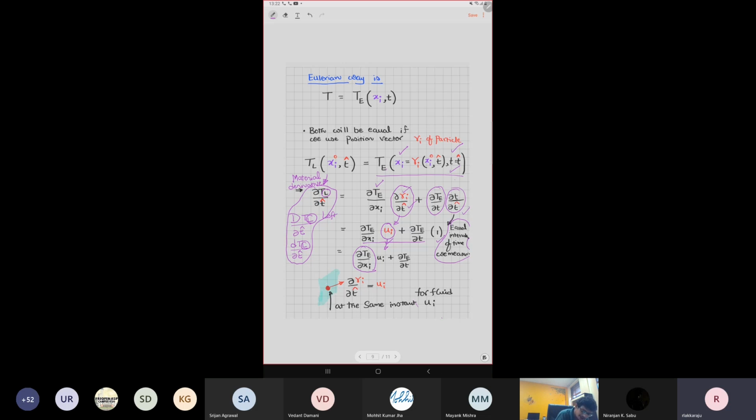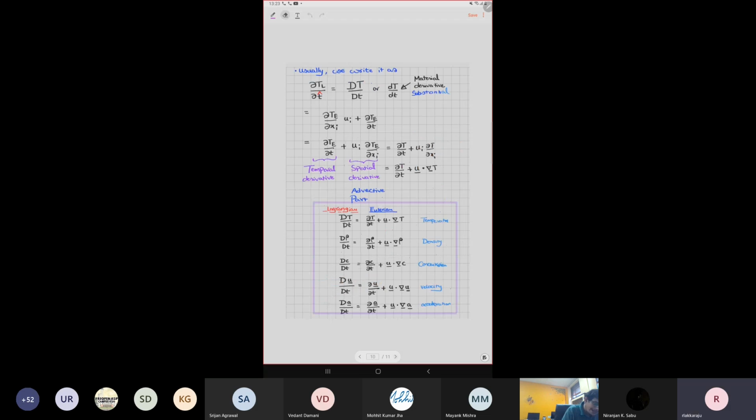So my Lagrangian velocity is the same as the Eulerian velocity at that given instant of time. This is the way one can connect my Lagrangian frame of reference with the Eulerian frame of reference, as long as equal intervals of times on both the frames I'm going to measure.